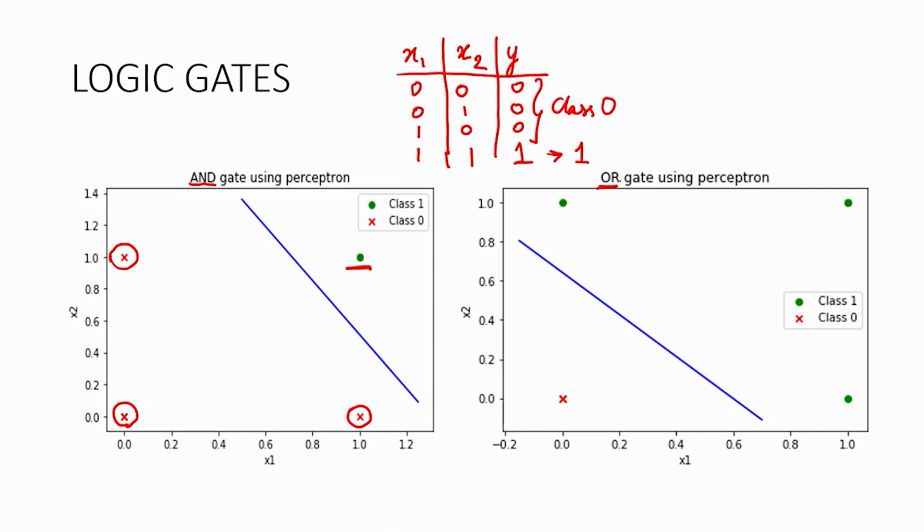Similarly, let us consider the OR gate. From the truth table of OR gate, we again know that the two classes are linearly separable, that is, we have x1, x2 and the output y. So, when you have 0 0, the output is 0, but for all the other inputs the output is 1.